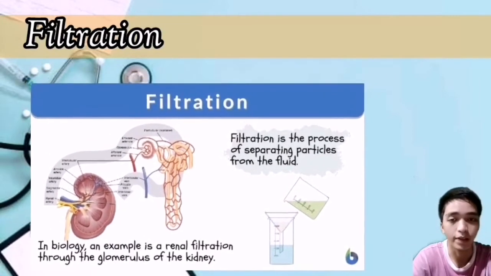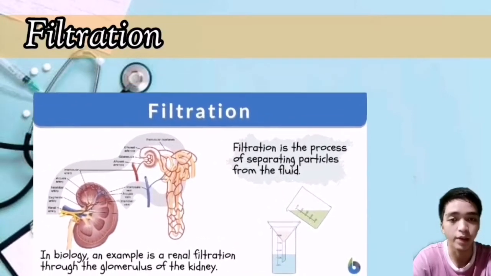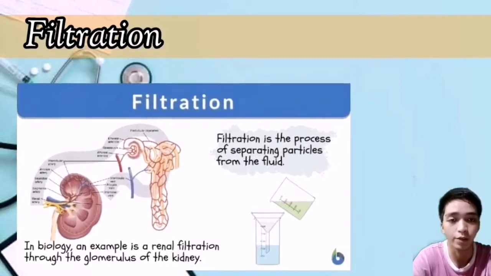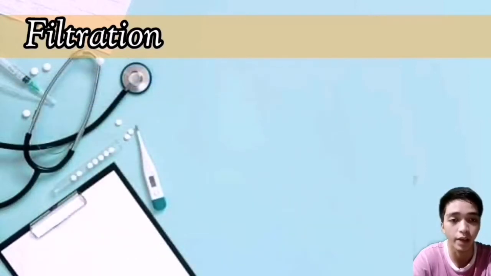The blood pressure, or the mechanical force, pushes water and small dissolved particles such as sugars and salts through the capillary walls into the interstitial fluid. The larger blood cells and the proteins are too large to be pushed through and remain inside the capillaries.